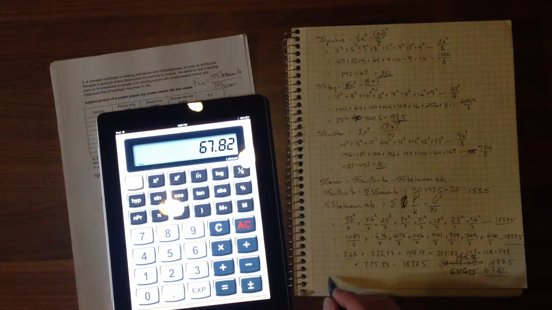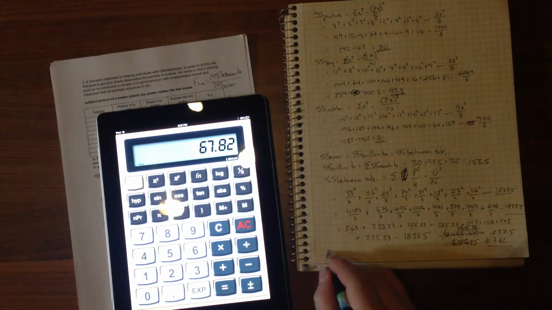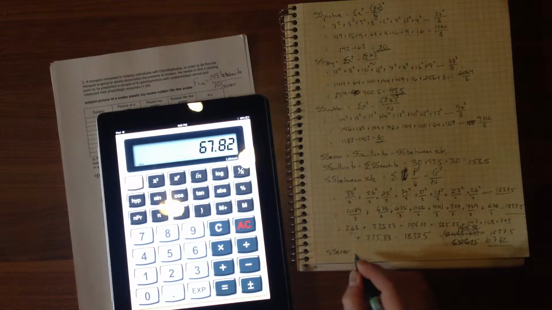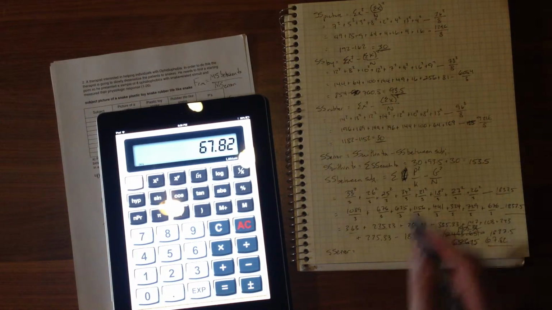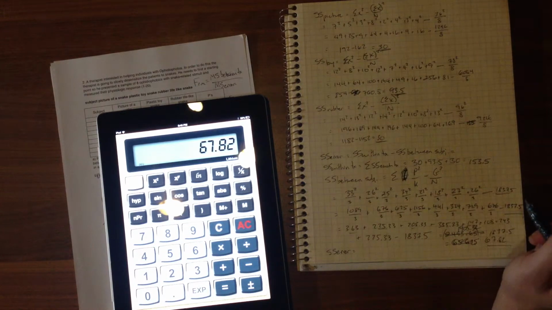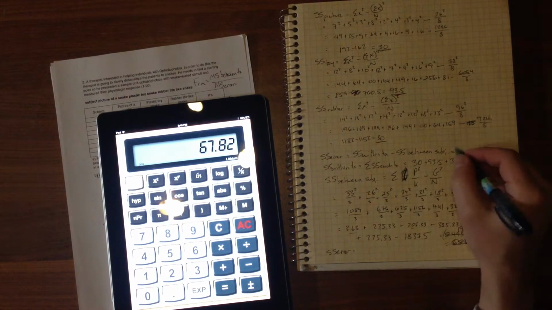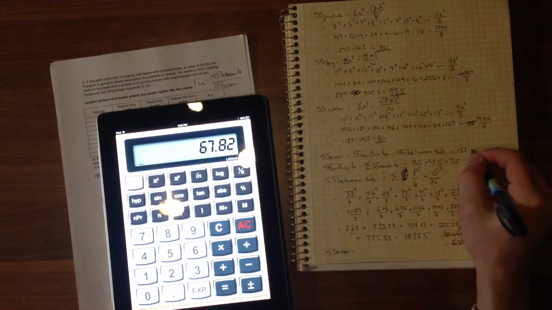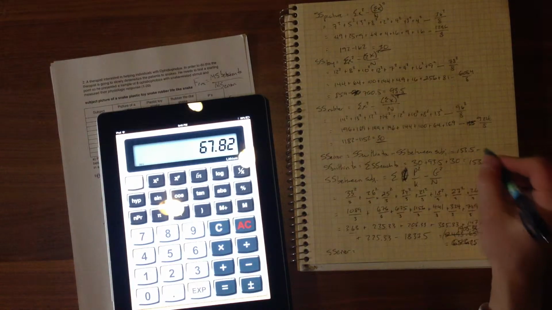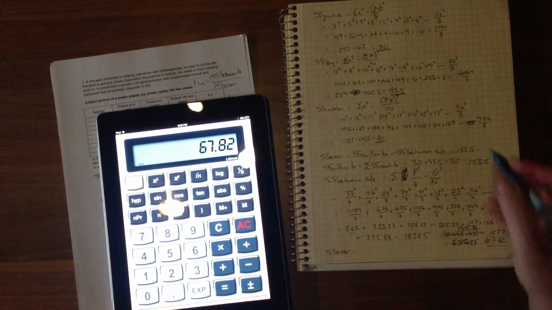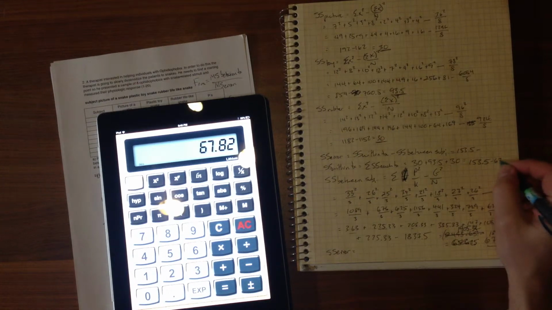Well, we want sum of squares error. And that's, well, we've got it up here. Sum of squares within treatments, right, which was 153.5, minus sum of squares between subjects, which was 67.82.